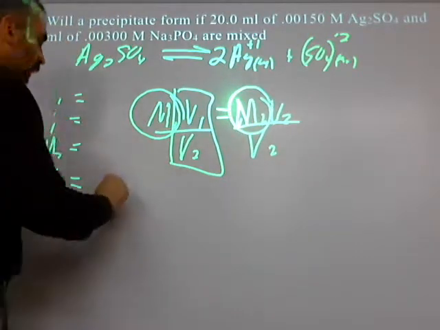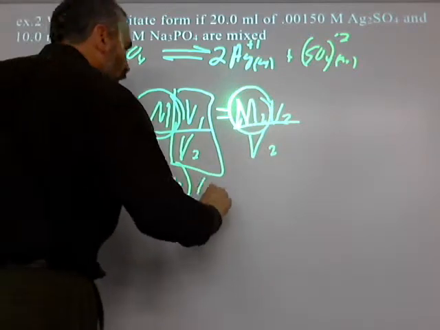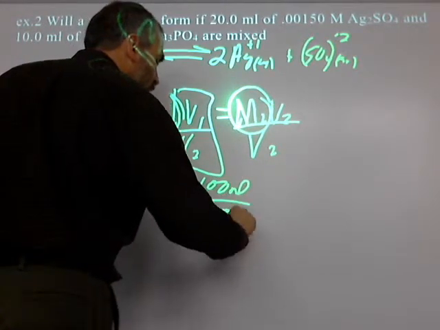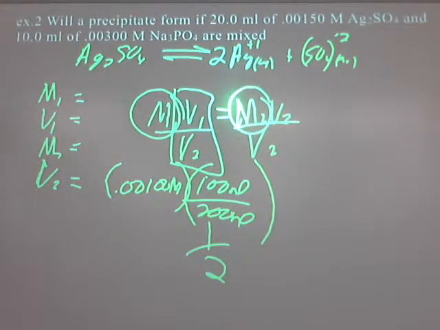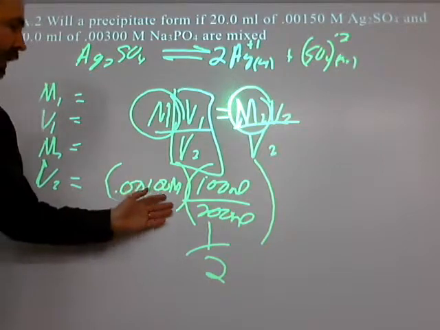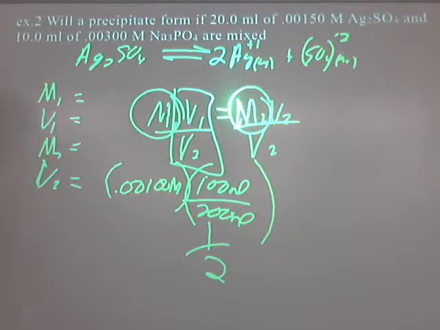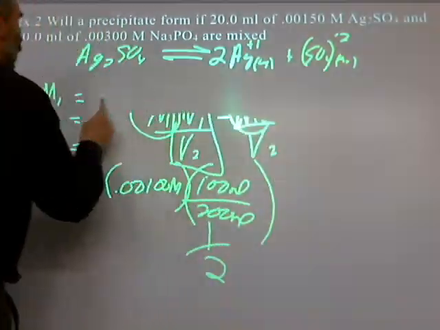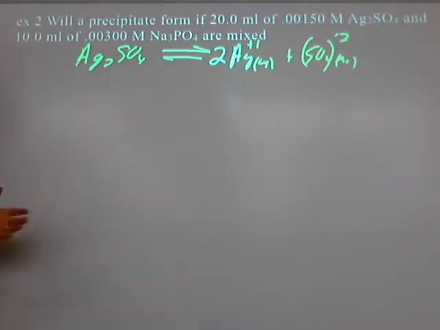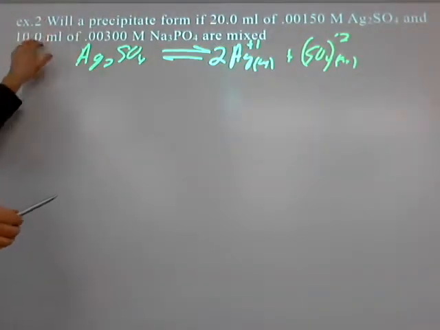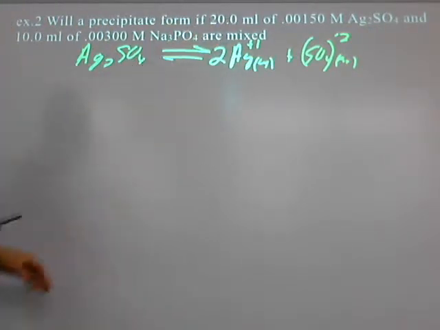In the last problem, we took 0.00100 molar and multiplied it by 100 milliliters over 200 milliliters, 1 over 2, or 1/2. That's why we cut it in half and had 0.0005. I could do the same thing here. I don't have to write out M1, V1, M2, V2 and do all this work when all I'm really doing is multiplying by the volume fraction change, the dilution factor, if you want to call it that.